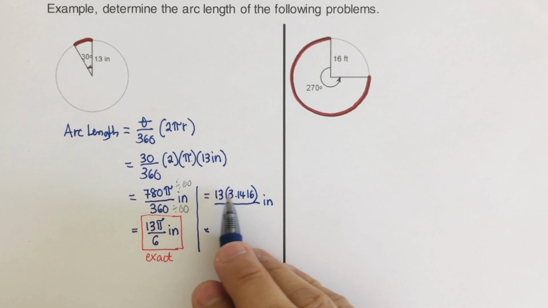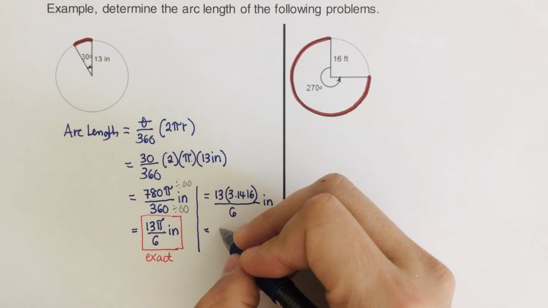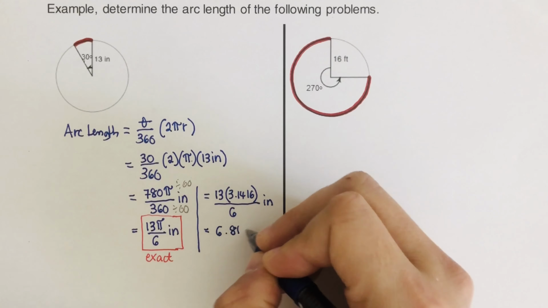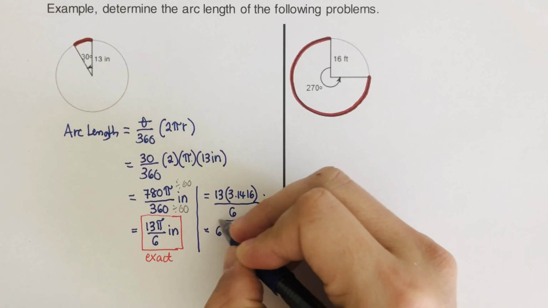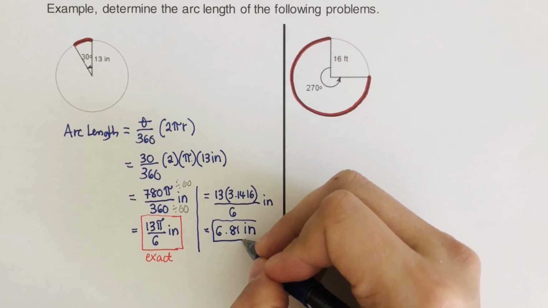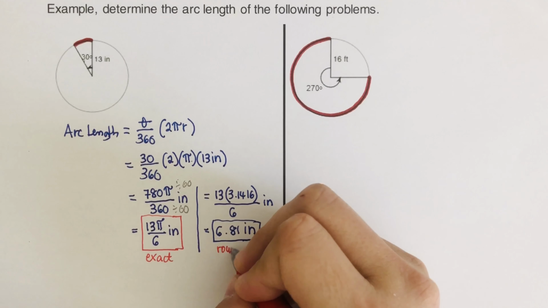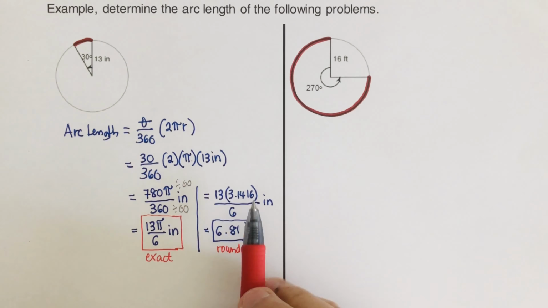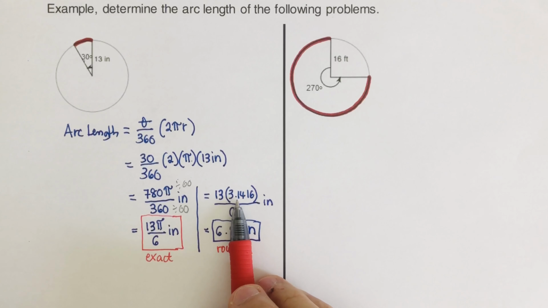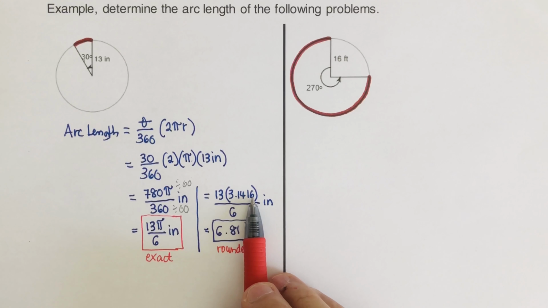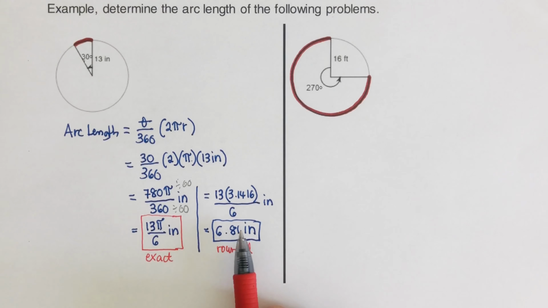If we multiply these two and divide by 6, this is 6.81 inches. We label this as our rounded value. The reason why this is called rounded is because we rounded it off. Pi is irrational; there's still a lot of numbers after the 6, but we cut it off. So this is the rounded value, but this one right here is the exact.